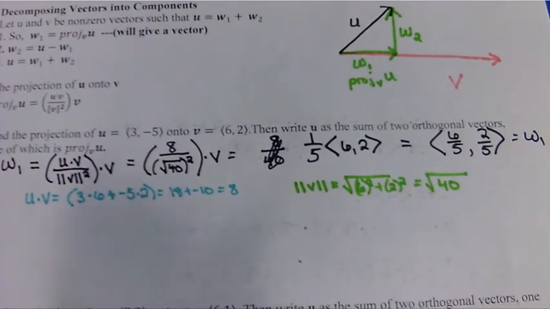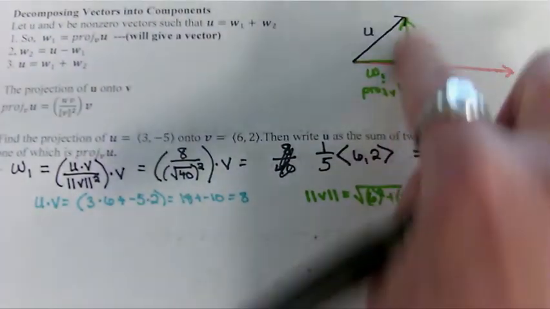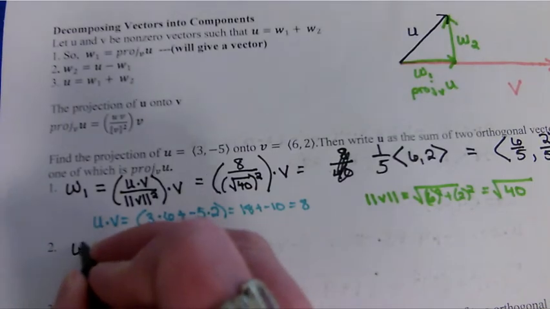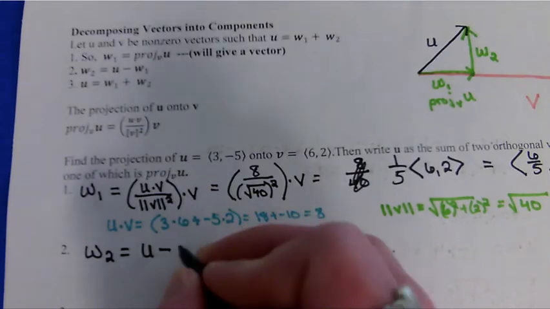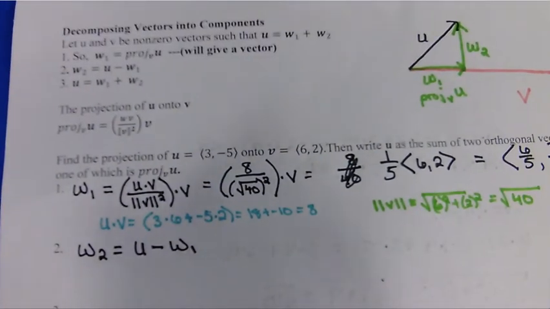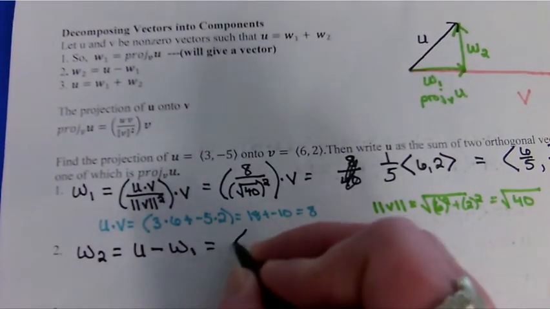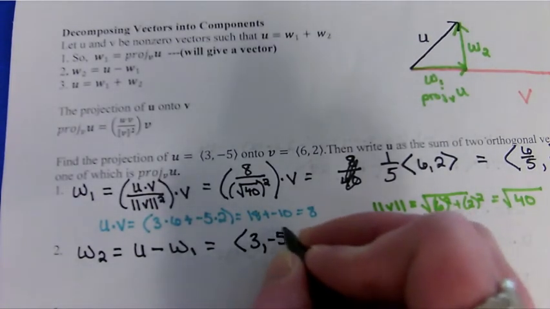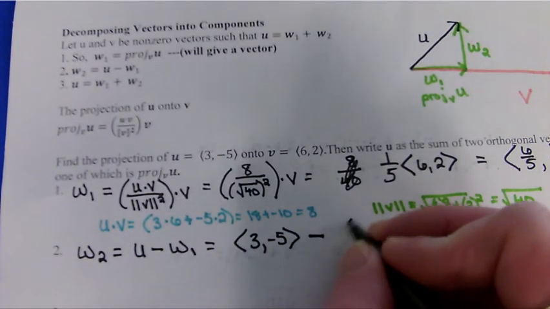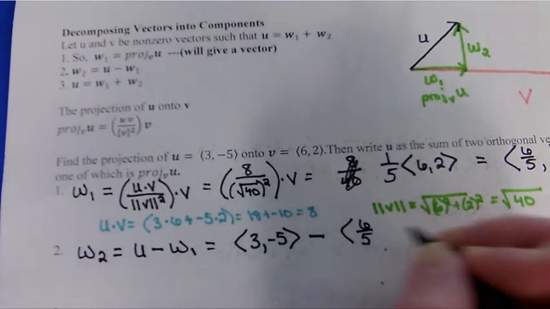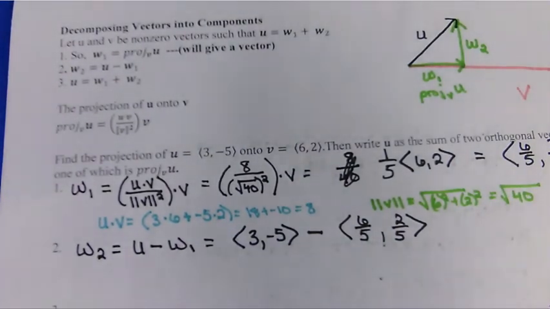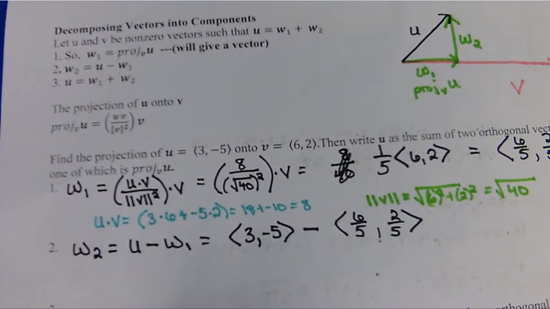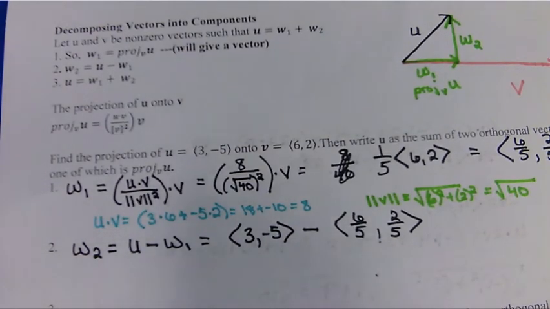It's this projection here. It's the shadow. Now to find w2, all I have to do is take u minus the vector we just found. Now the problem on this comes in that if you have trouble working with fractions, this can get a little tricky. But if you have a calculator, you can do it in the calculator.